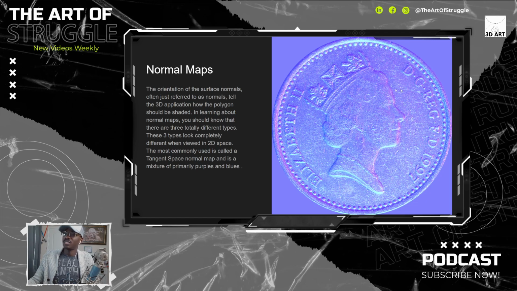So these are tangent space normal maps. And sometimes, depending on if your software uses X or Y for up, right? Depending on what your software uses, you might need to flip your normal map, right? To get it to look like what's protruding is protruding and what's being inset is inset.